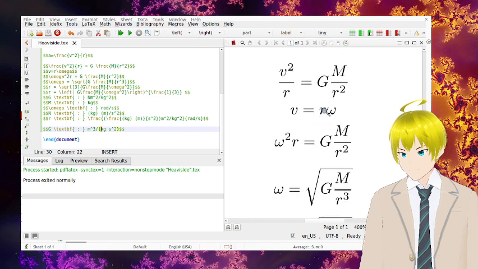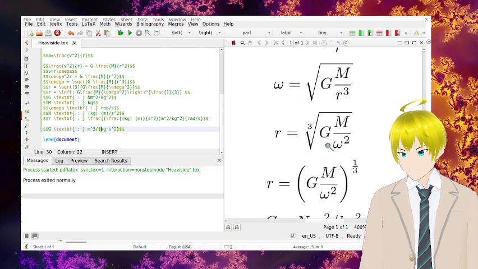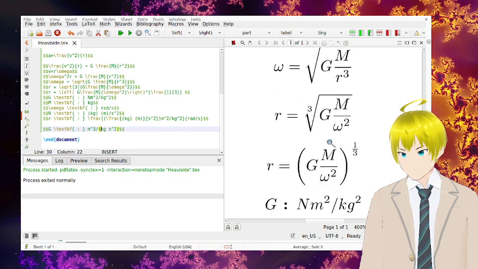So where did I go wrong? So this all looks right. Just solve for R, right? You bring the R over here, the W down here. It looks right. And yet I'm getting the wrong answer out.